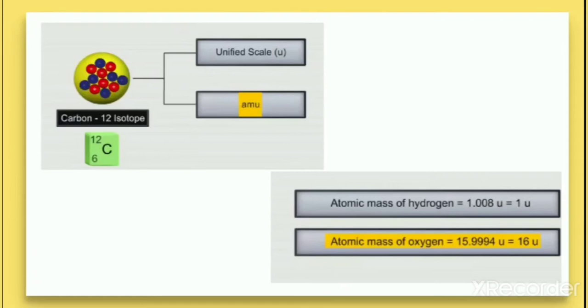From this, when we find out the atomic mass of hydrogen, we get the value 1.008 U, which is approximately taken as 1 U. Atomic mass of oxygen, when we find it out this way, we get 15.9994 U. That is approximately taken as 16 U. That's why whenever you are writing an atomic mass for hydrogen, you keep it as 1, and atomic mass of oxygen as 16.